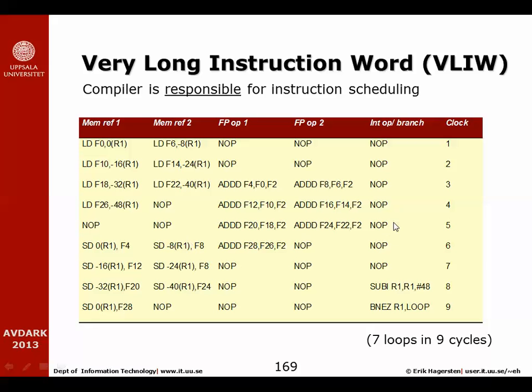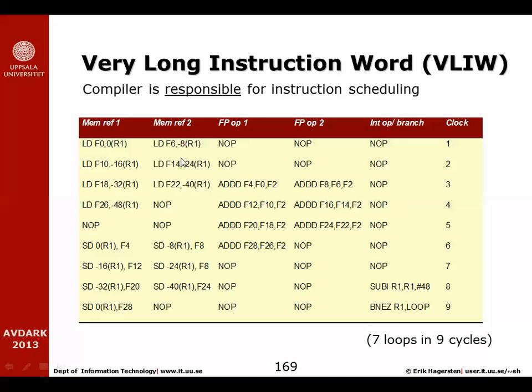And then of course we have the integer pipeline, which is not doing anything useful until at the very end here, when it's time to subtract, in this example, 48 from the integer register R1, and then figure out whether we're going to branch or not.